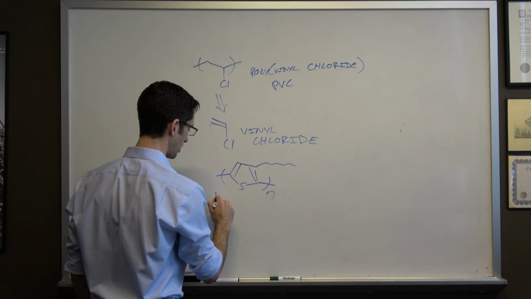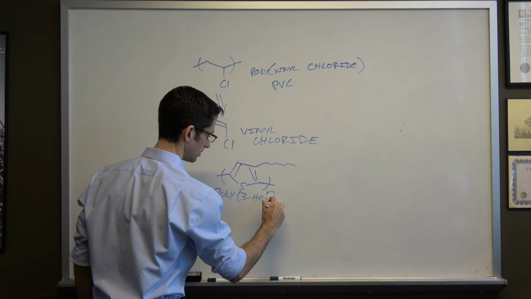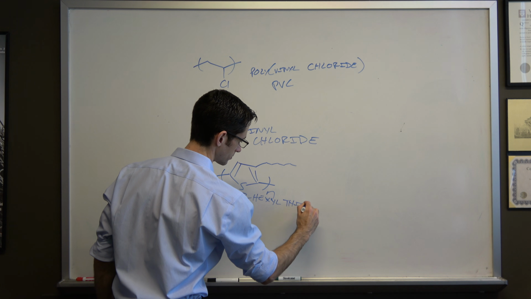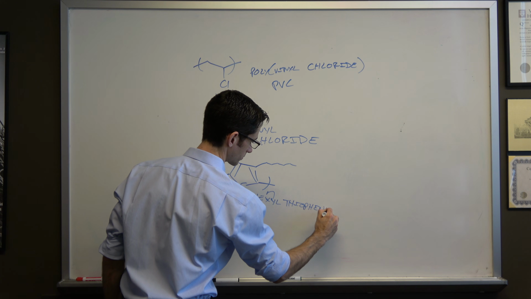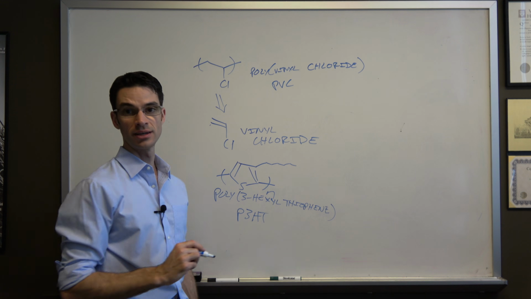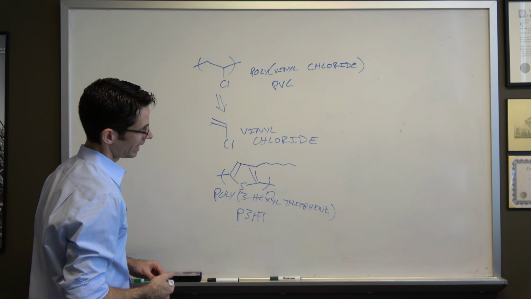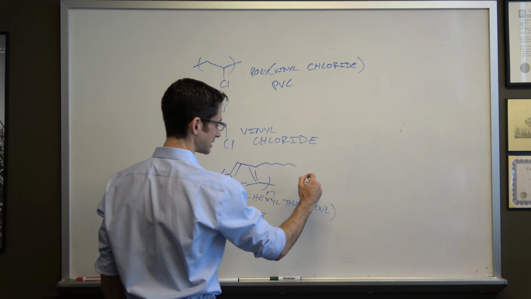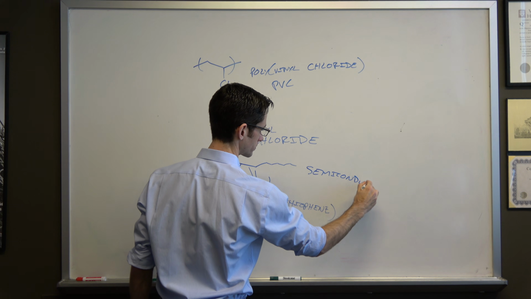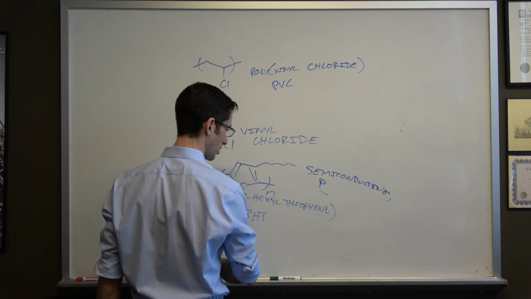So this is called poly-3-hexylthiophene, or P3HT, which is like R2D2's brother or something like that. And this is a semiconducting fluorescent polymer.